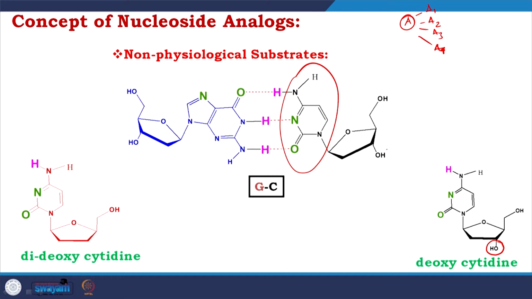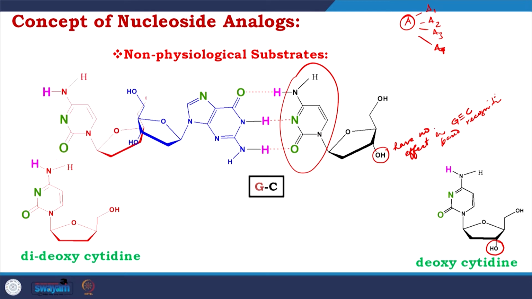Now, if you see, this hydroxyl group is doing nothing for recognition hydrogen bonding. So it has no effect in GC base recognition, which clearly means that dideoxycytidine is going to form the exact hydrogen bonding pattern like deoxycytidine.